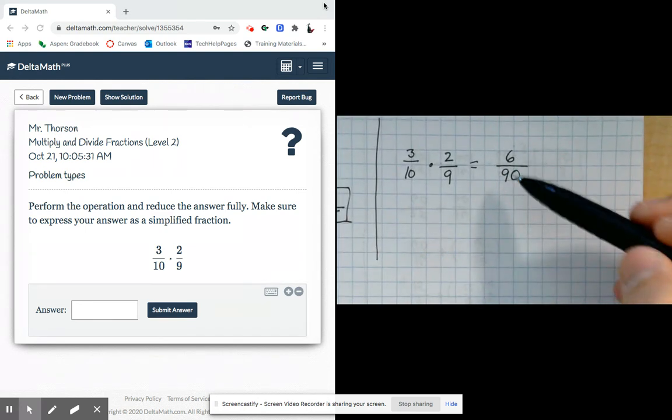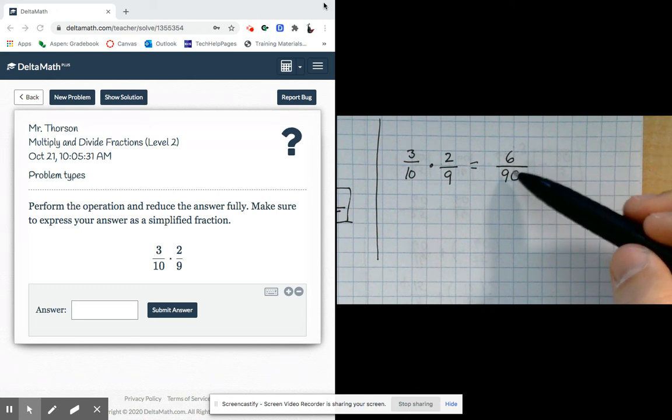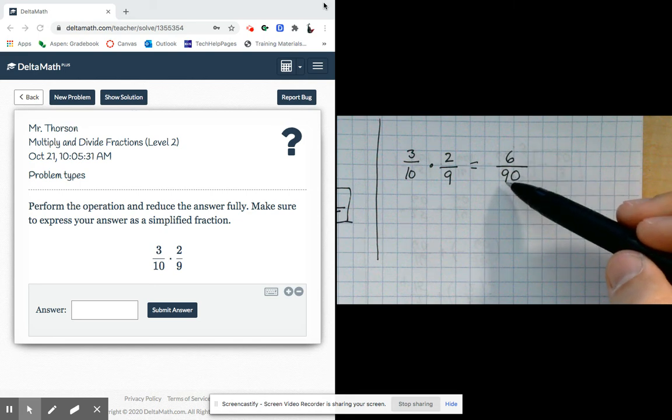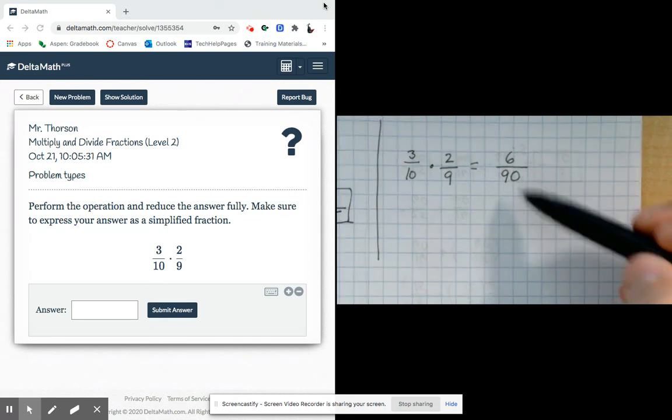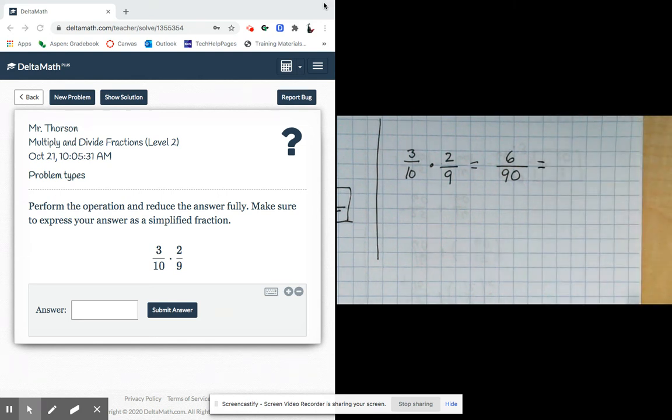So let's think about it. Will 2 go into 90? Well, yeah, it absolutely will. But could we maybe see if a larger number will go into it first? Well, sure. We could say, well, what about 3? Will 3 go into 90? I know 3 will go into 9, so it must be able to. So we're going to simplify this.